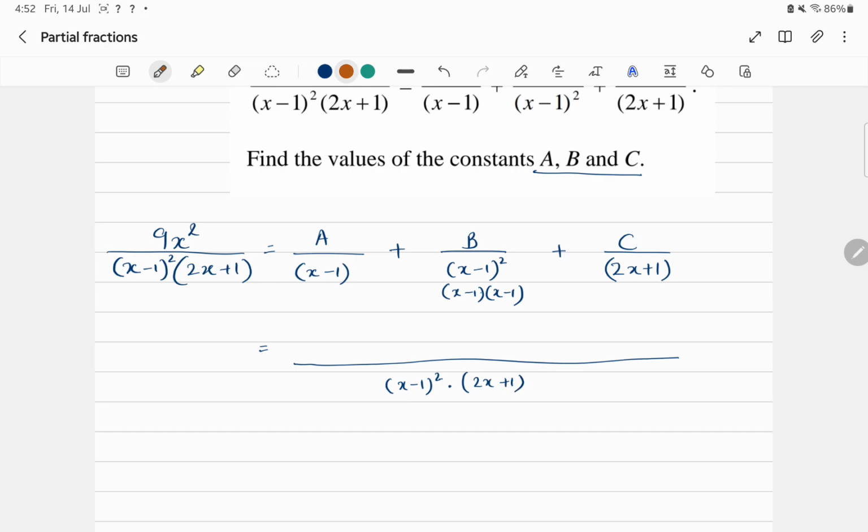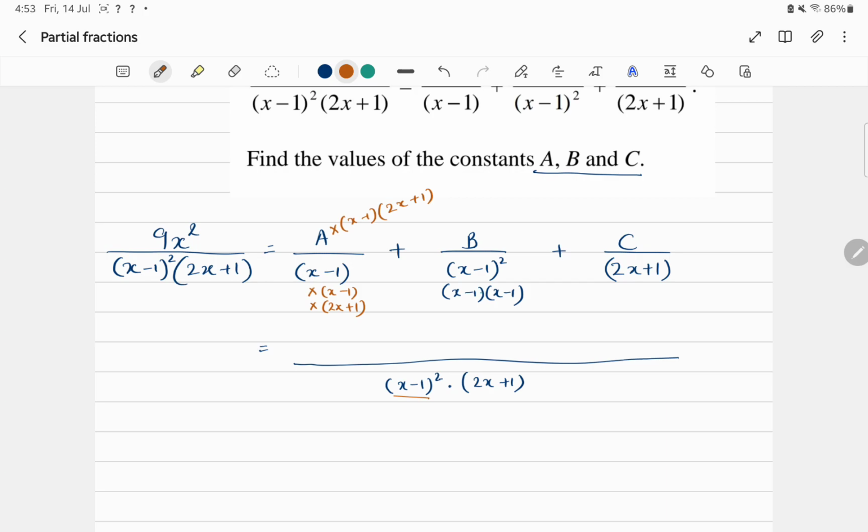Right, so now let's see what we need to multiply to the numerators. Here we are missing one (x minus 1), because here it's (x minus 1) whole squared, and we also need to multiply with (2x plus 1) to get that denominator. So with this a, we have to multiply (x minus 1) and (2x plus 1).